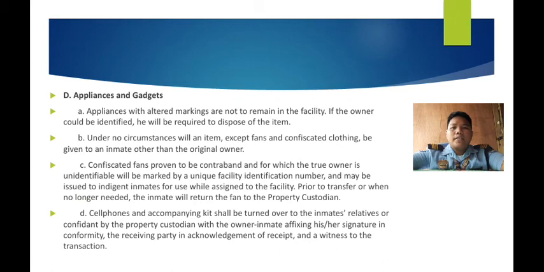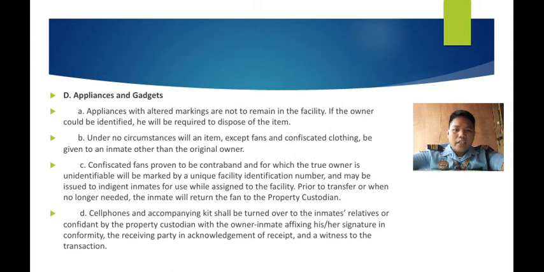D. Appliances and gadgets, with contents of letter A. Appliances with altered markings are not to remain in the facility. If the owner can be identified, he will be required to dispose of the item. B. Under no circumstances will an item, except funds and confiscated clothing, be given to an inmate other than the original owner.